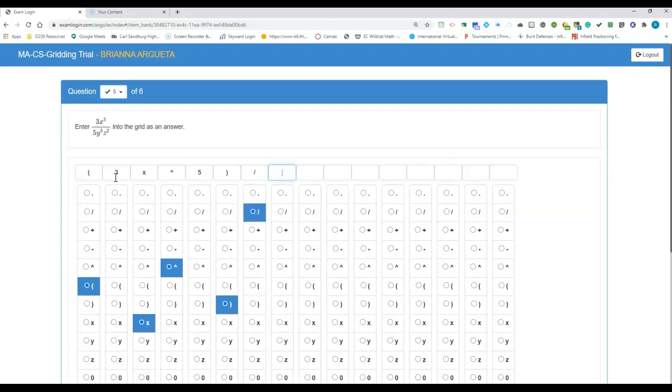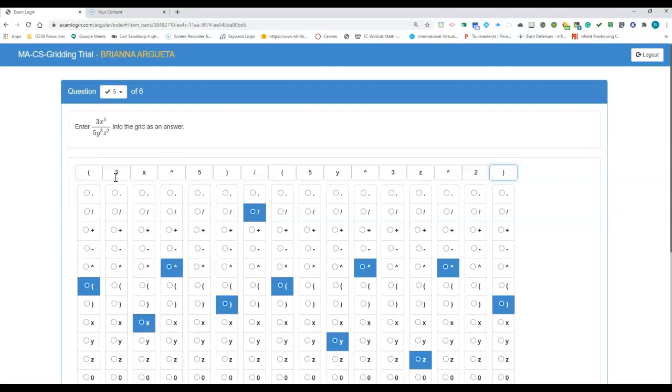And now I'm going to identify the denominator by using parentheses. So open parentheses, 5y to the third. Okay, and then I'm going to go z to the second. And right away, you'll notice I have to close the parentheses one more time, right? And this is my answer.